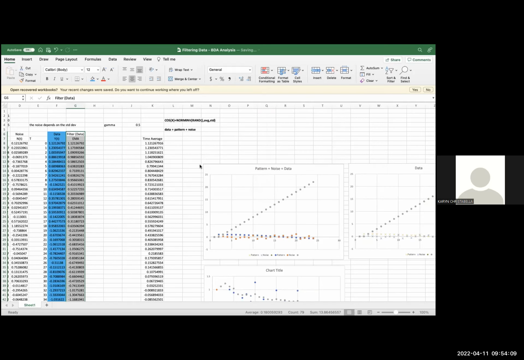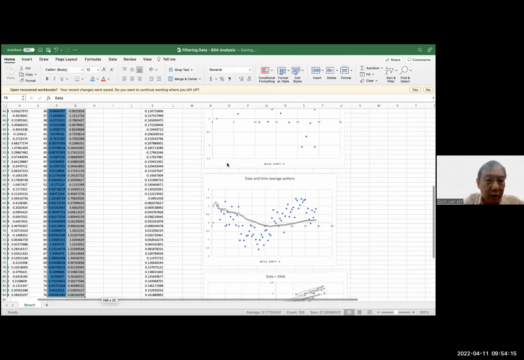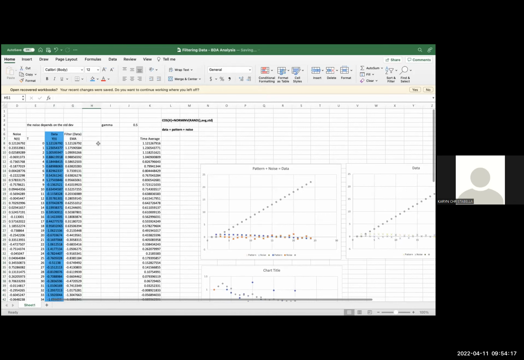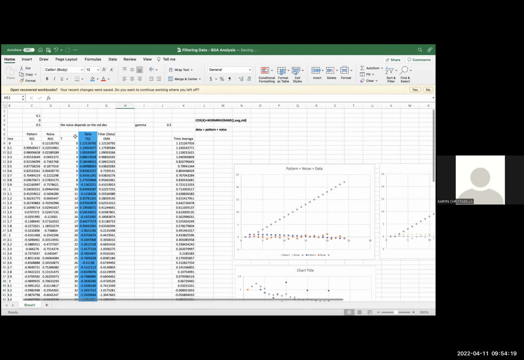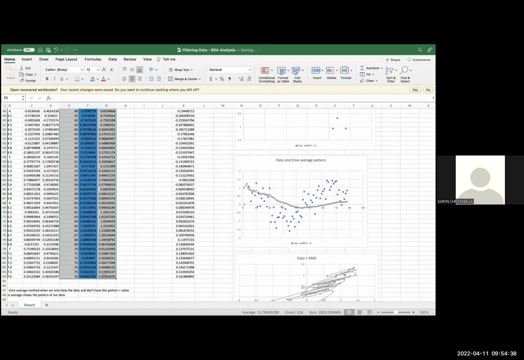Okay, and now you can plot T. Your plot must include T. Yes, T and the whole thing going down.